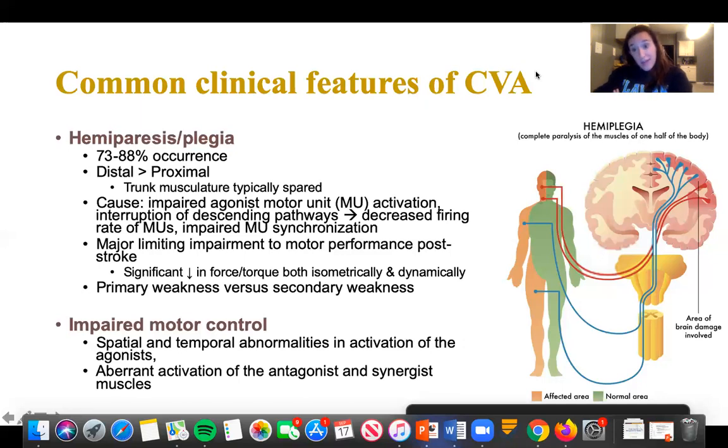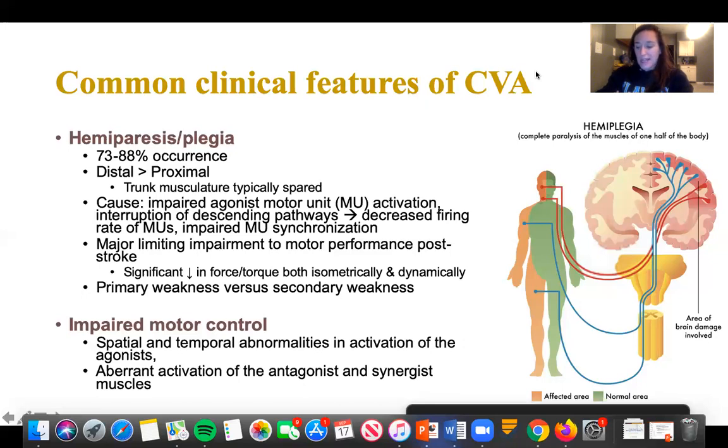The other thing that we have to consider when we talk about a patient's ability to use their muscles goes beyond just the strength of that muscle. We have to pull in the motor control factor as well. Impaired motor control is also due to descending drive from our cortex and the regions that were involved in that stroke.